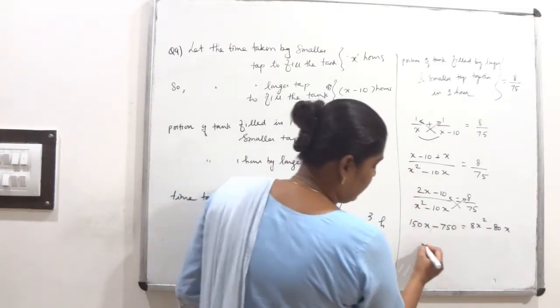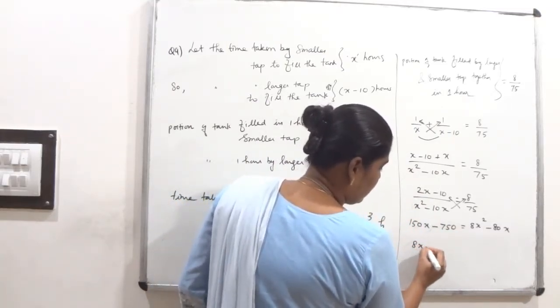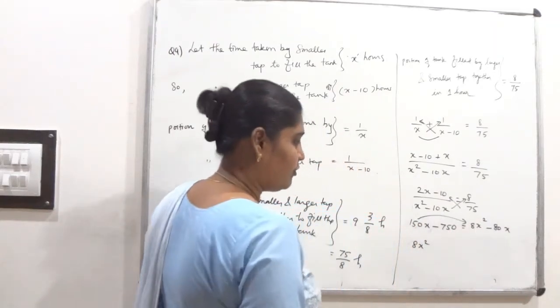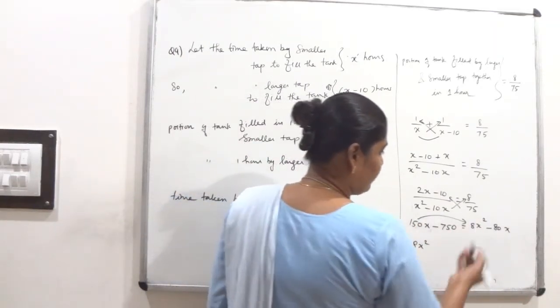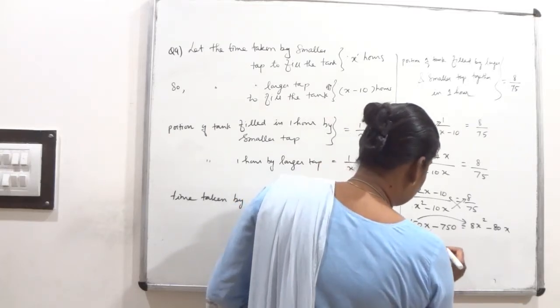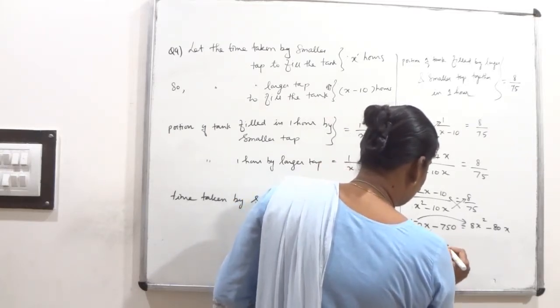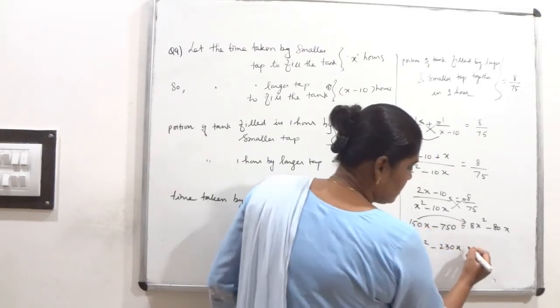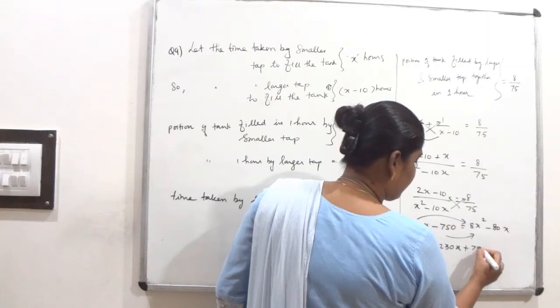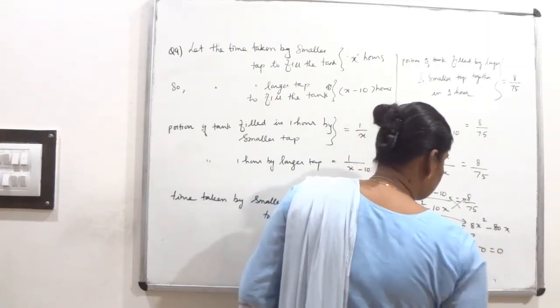Okay. Take it to one side: 8x square, this plus 150x goes outside as minus 150, so minus 150 minus 80 all together gives you minus 230x, minus 750 goes outside as plus 750, is equal to 0.